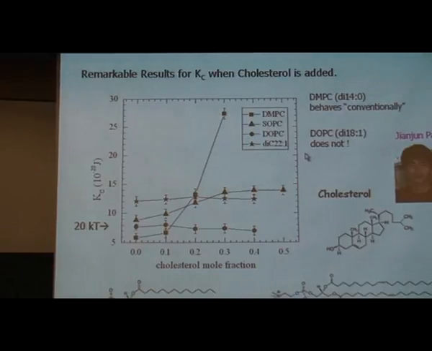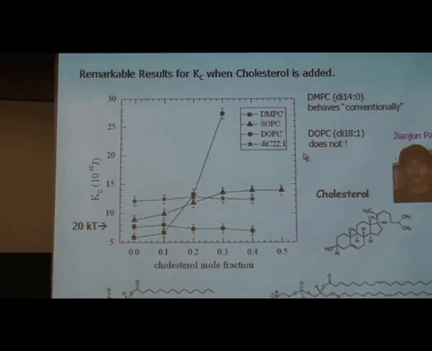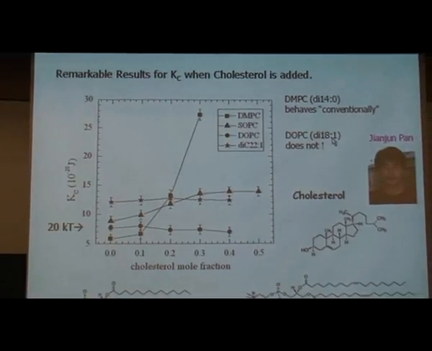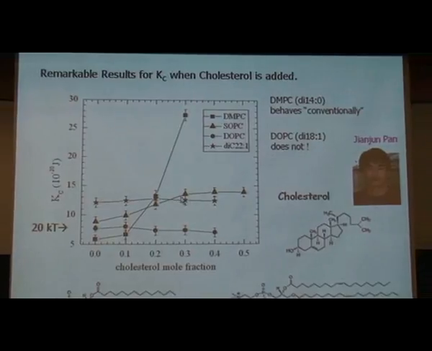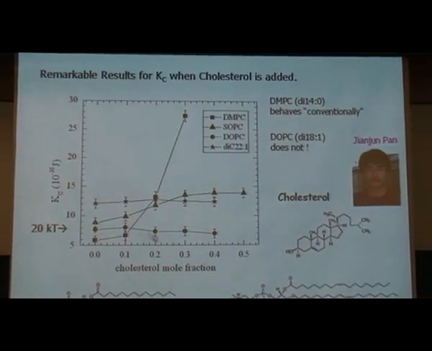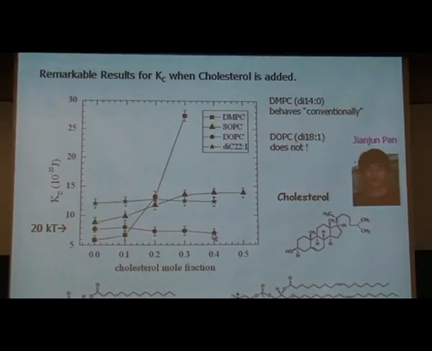But we discovered by accident, not something I was looking for, that when we looked at this molecule, which had one unsaturated double bond per chain, the round circles, the bending modulus, if anything, might have even decreased, but within our error bars it's essentially not changing. That blew our minds, frankly, as well as a lot of other people.